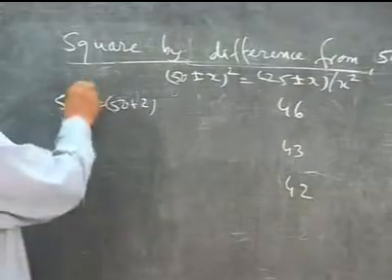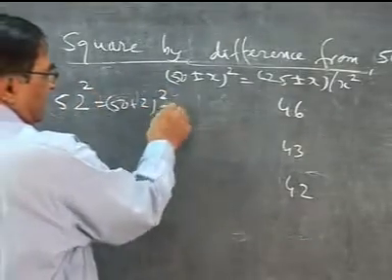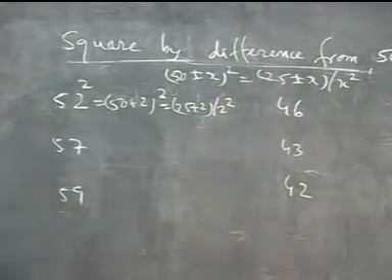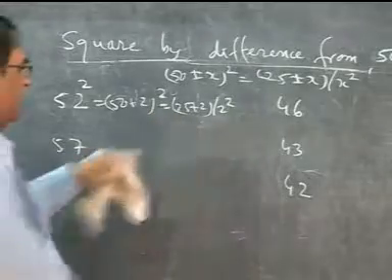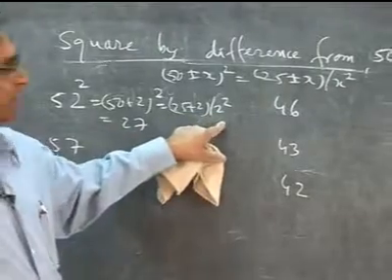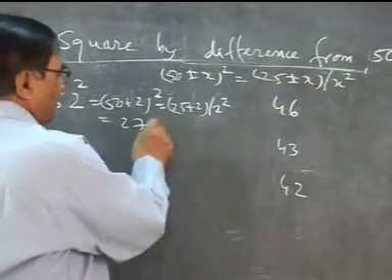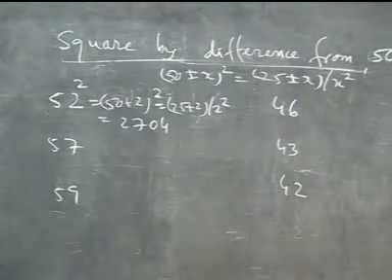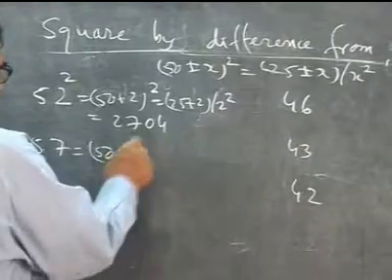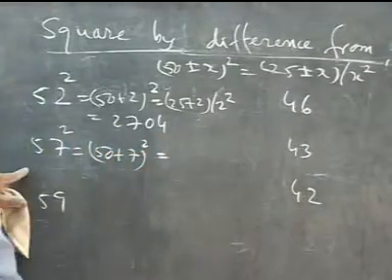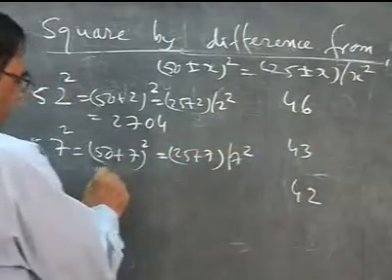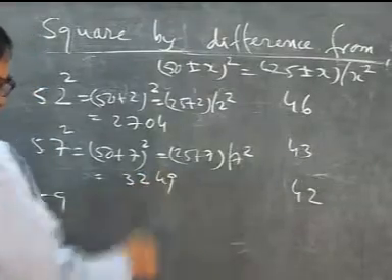So 25 plus 2 and 2 square. So this is 27. Square of 2 is 4. You need 2 digits, so it is 04. Here, this is 50 plus 7, then 25 plus 7 is 32, and 7 square is 49.